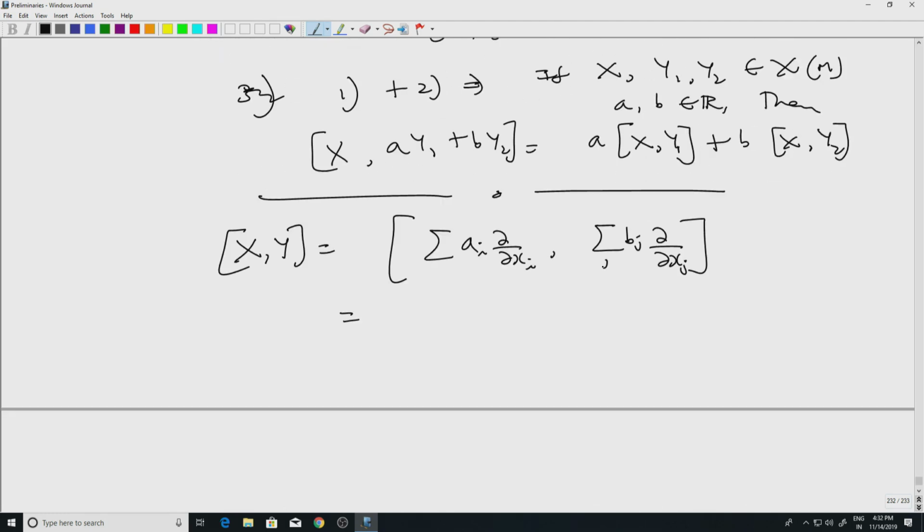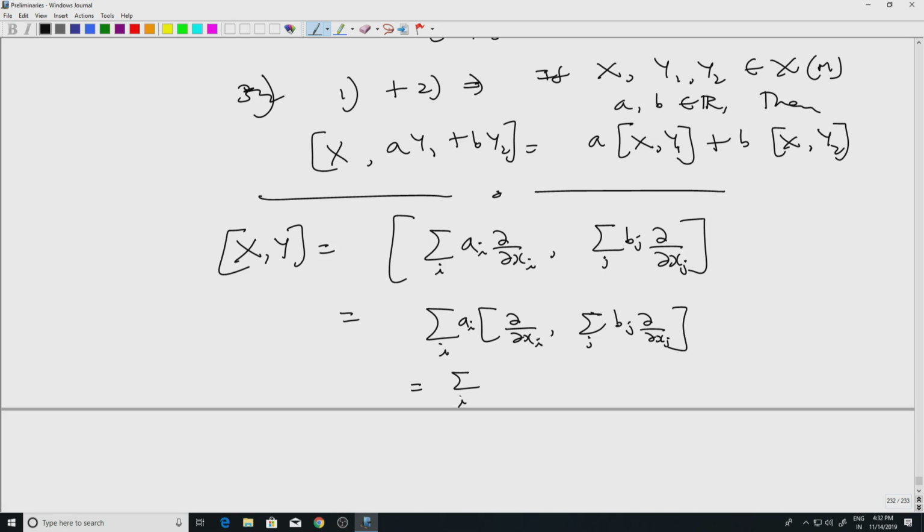First I'll write it as a summation over i of the Lie bracket of ai del by del xi with the sum of bj del by del xj. Then I'll keep this del by del xi fixed and expand over that.